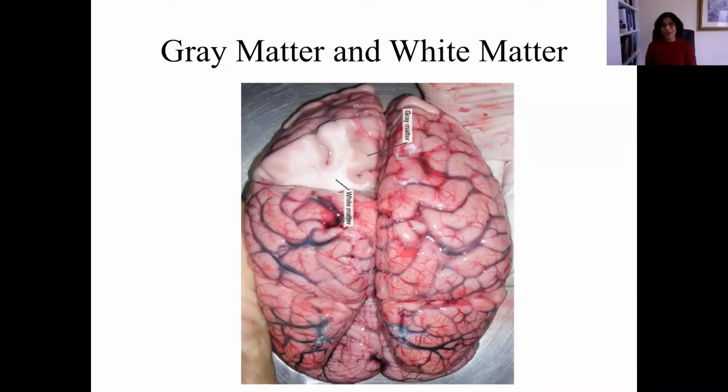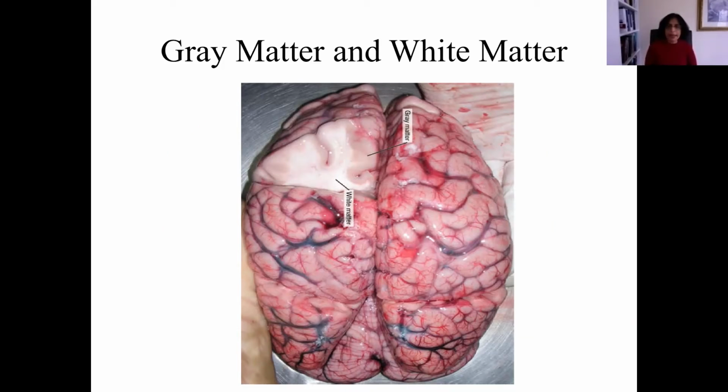Cerebral cortex, therefore, is all gray matter. Cerebral medulla is all white matter. So you need to know that all of the cell bodies and the processing occurs within the cortex. And then the communication through tracts will all be in the deeper medulla.